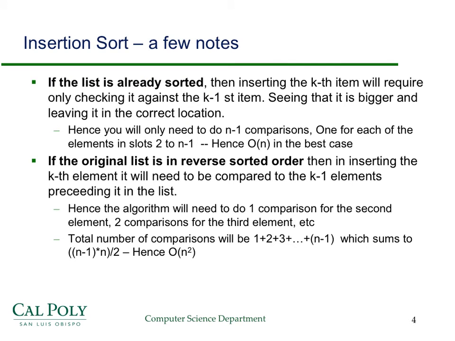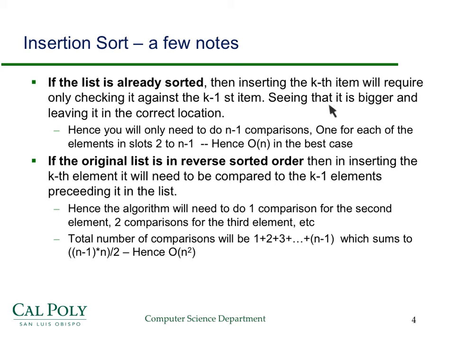So finally, we get to the key point that I want to make with this. If the list is already sorted, then as you're in the outer loop, you look to put the kth item in its proper position. Well, it's going to be in its proper position, and you only need to check it against the item that comes before it in the list to see that, because it'll be greater than that item.